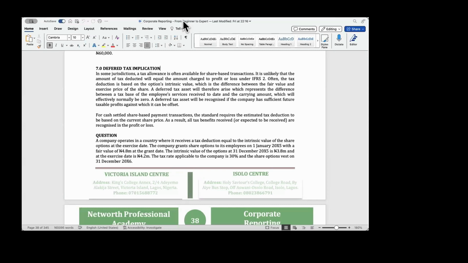Ultimately, what happens is that the company is going to compensate its employees with shares at a certain value. For equity settled, the employee would pay an amount equal to either an intrinsic value or an exercise price.